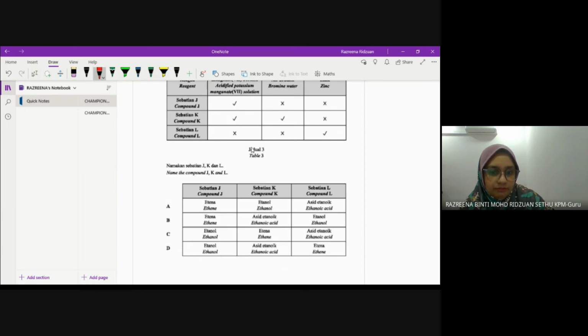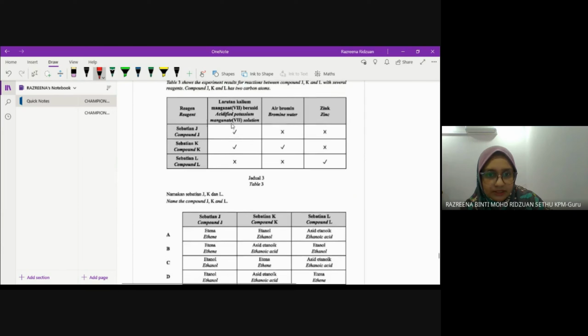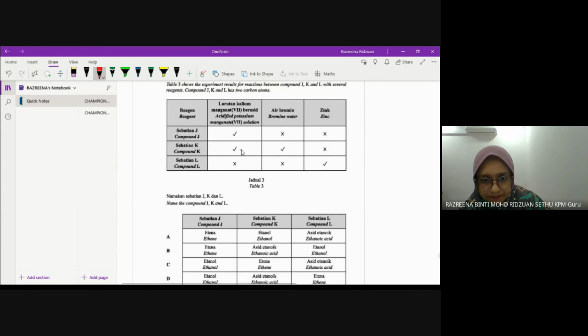Alkane cannot. There's no alkane here. It's either alkene or alcohol. So it can react with this, so this one can be alkene. This one also can be alkene. But alkene can also react with bromine water, so this is also alkene. And it cannot react with zinc. It makes sense. So K is definitely alkene.